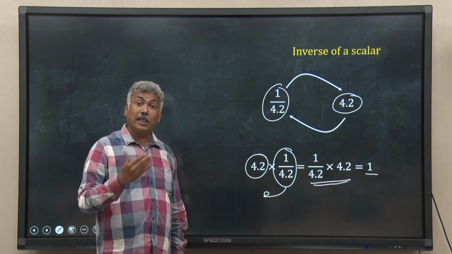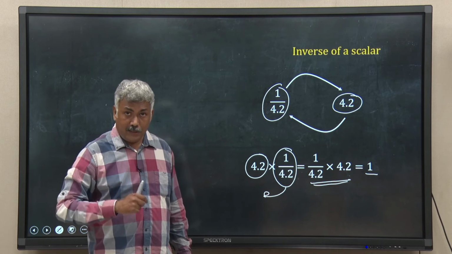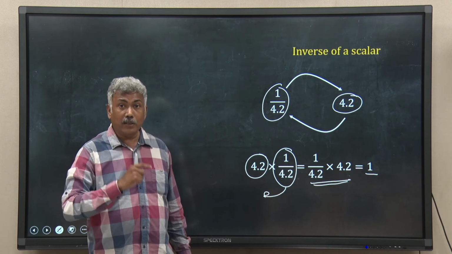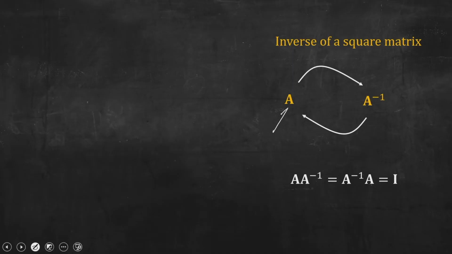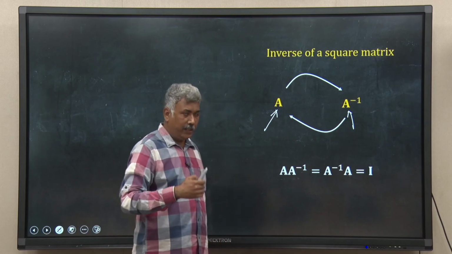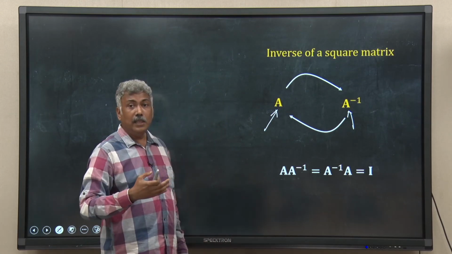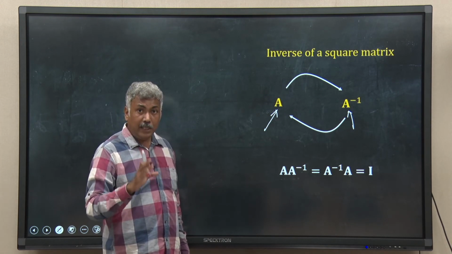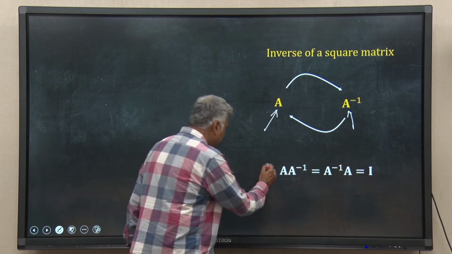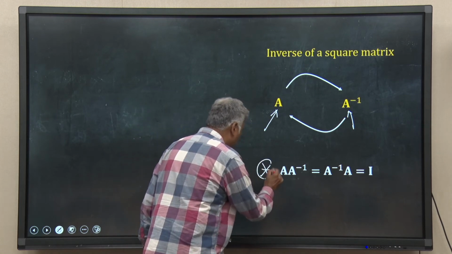So, is there anything similar for a matrix? Yes, it is there, it is called the inverse of a matrix. Suppose A is a square matrix, then by definition this A to the power minus 1, we will call A inverse. A inverse is the inverse of a square matrix if and only if this relationship is true.